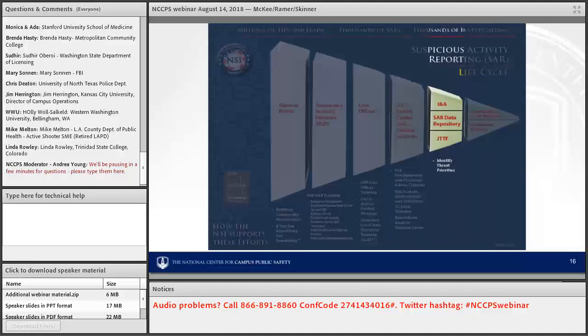The next step, once it gets to JTTF, FBI and DHS, is to decide what needs to be done with this information, and the end result of that are investigations and intelligence reporting back to us in the public. So we developed training to try to help with all of these different segments, but I hope you see the visualization of how we anticipate this information flowing all the way through the system.